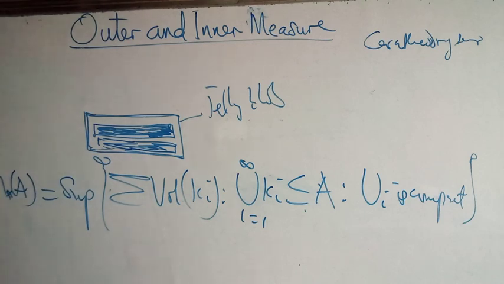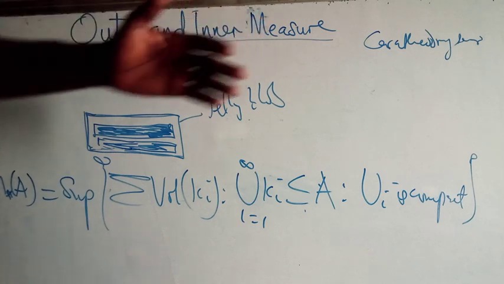Okay, so that is that about that. You could therefore differentiate clearly between outer and inner measure. As a recap, the outer measure measures the set from the outside, while the inner measure measures the set from the inside.